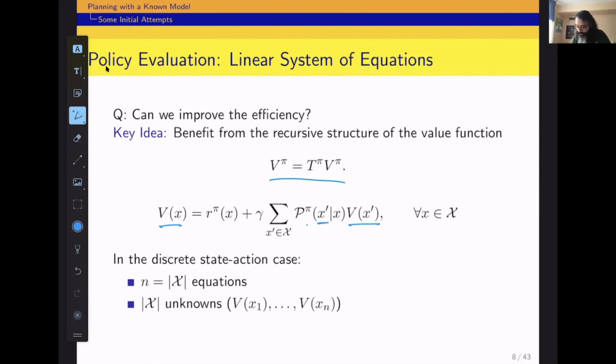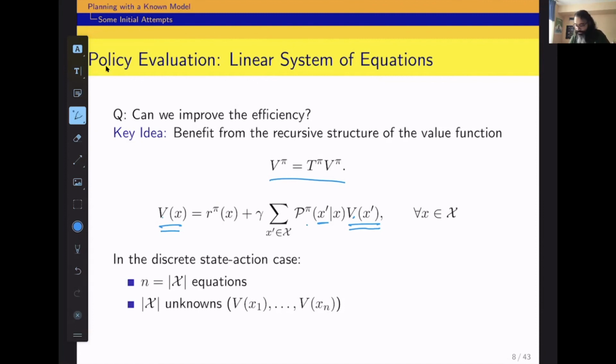So you see that we have the value function here, and we have the value function here. We do not know what the value function is, but we know that if there is a function v that satisfies this equation, that function would be the value of that policy. We had that because we proved the uniqueness of the fixed point of the Bellman equation.